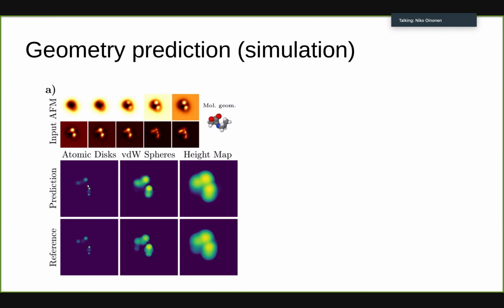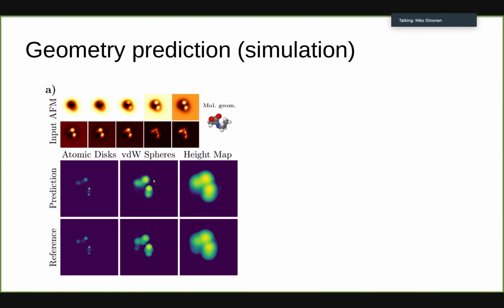Then we have the prediction and the reference for the three descriptors: the atomic disks, the van der Waals spheres, and the height map. If we compare the prediction to the reference, for all of the descriptors we find that overall the prediction is very accurate, so that we get the correct contrast and can identify the overall geometry of the sample that we are looking at.